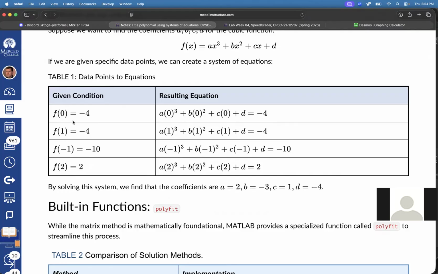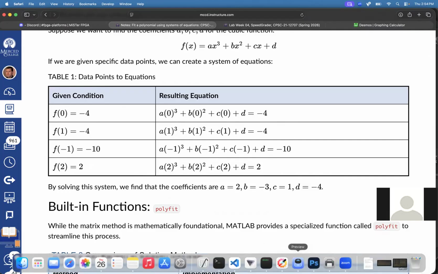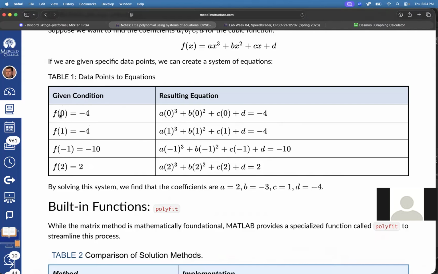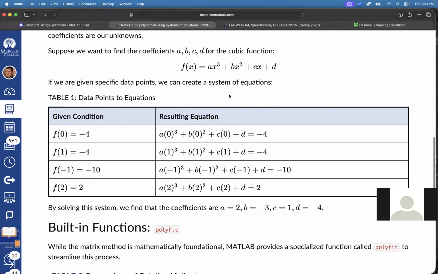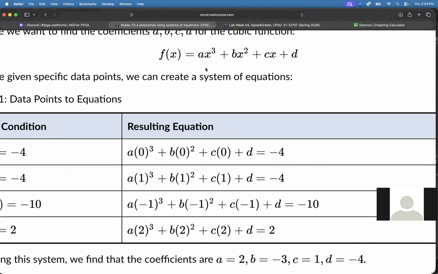Now, in order to do that, you have to get a system of equations. The way you get a system of equations is you plug in the 0 here and see what you get. This condition, f of 0 equals -4, means if we go up to the right-hand side of this equation and put in x equals 0, instead of ax cubed, you're going to have a 0 cubed.